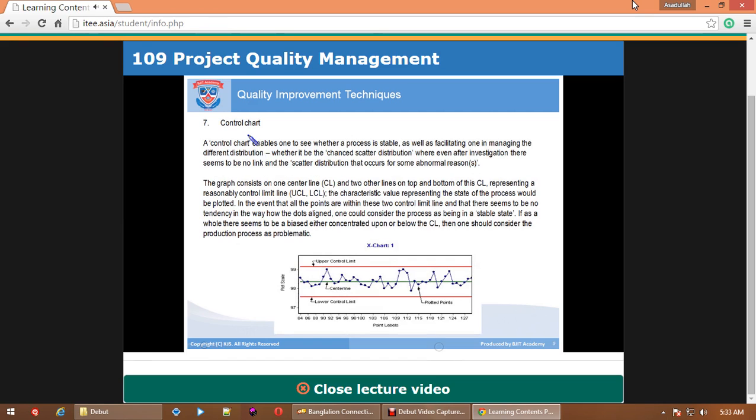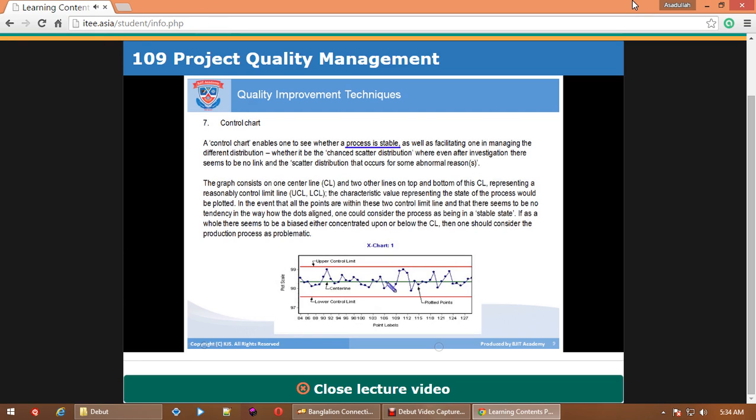Another quality improvement technique is called the control chart, and this control chart enables one to see whether a process is stable.